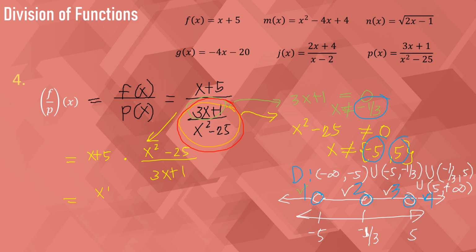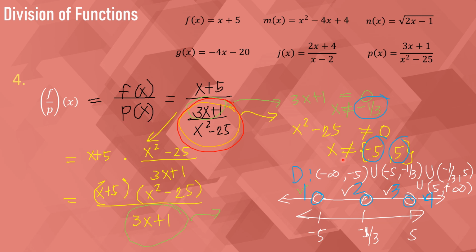So you have (x plus 5) times (x squared minus 25) over (3x plus 1). So, makikita natin si 3x plus 1 as a naging denominator sa simplified form or the other form. Yan ay patunay na bawal nga talagang gamitin ang negative 1/3 sa kanya.